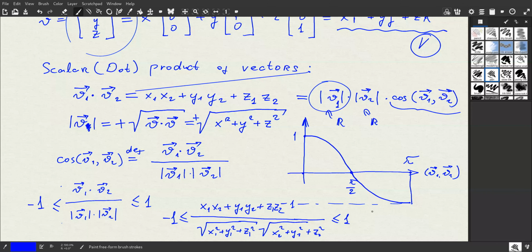This is the so-called triangle inequality. We'll not prove it right now.